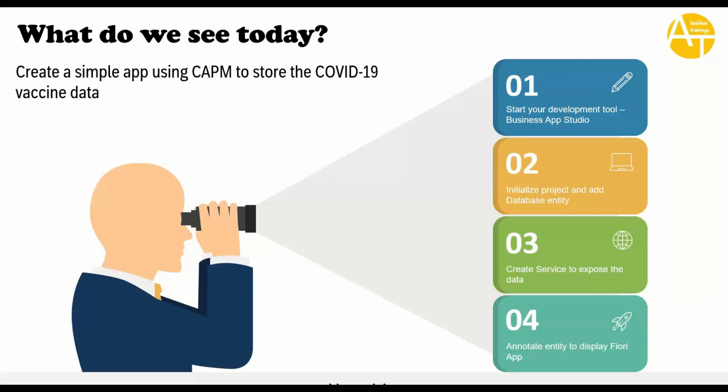So what are all the steps throughout this development? Today first we'll start our development tool in step one, which is Business Application Studio. In step two, I'm going to initialize and set up a new project and add my database table. Database table here is called an entity. An entity is nothing but a database table. So we will add that.